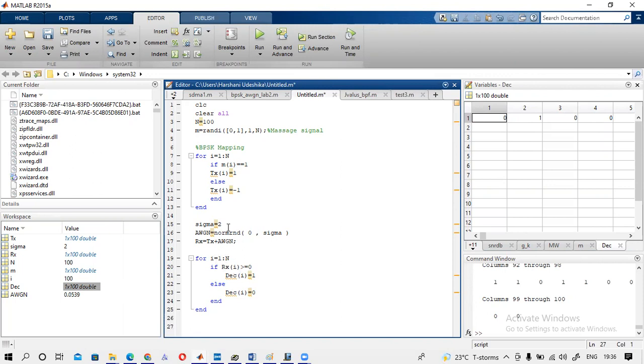Here I use very small power, so maybe this bit does not change, and all bits may be decoded very well, with no error sometimes.